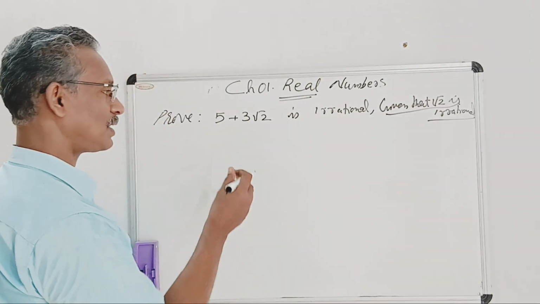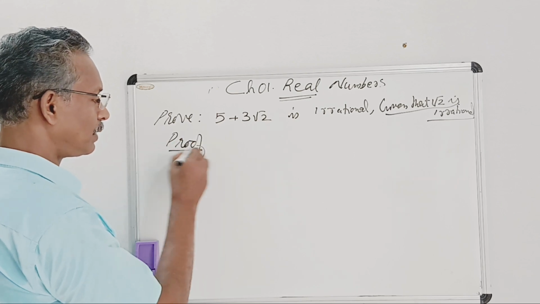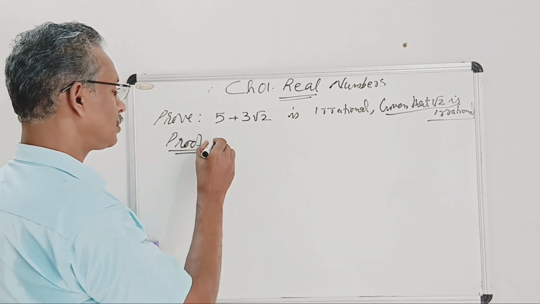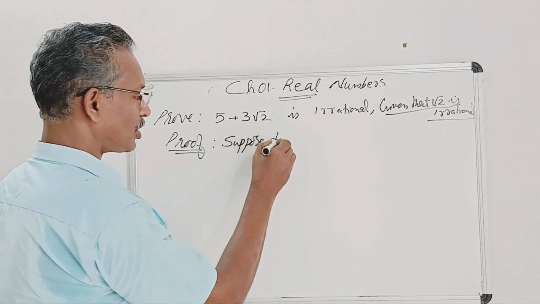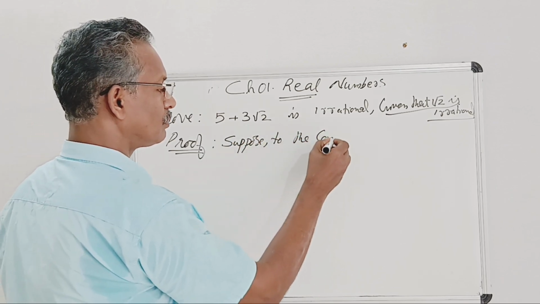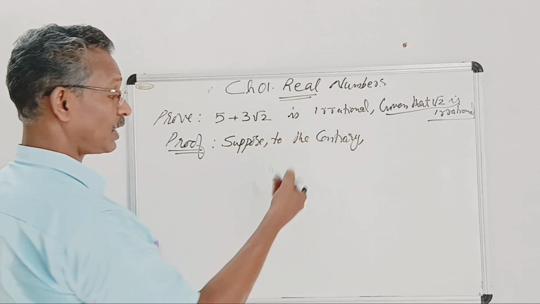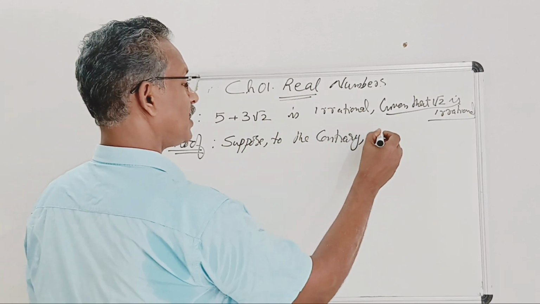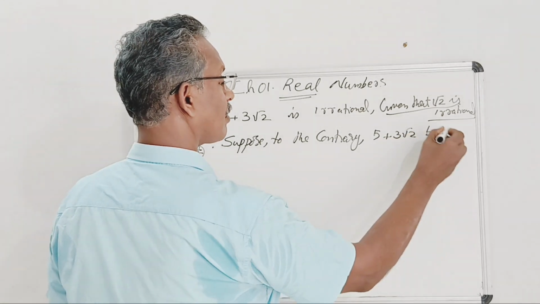Here also we start. This proof is very easy, but the contradiction method is used. Suppose, to the contrary of what is to be proved, we are assuming the given number 5 plus 3 root 2 is rational.